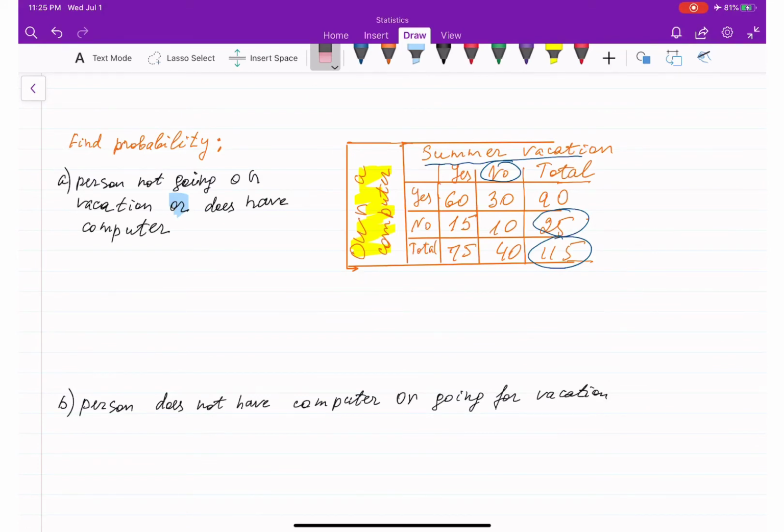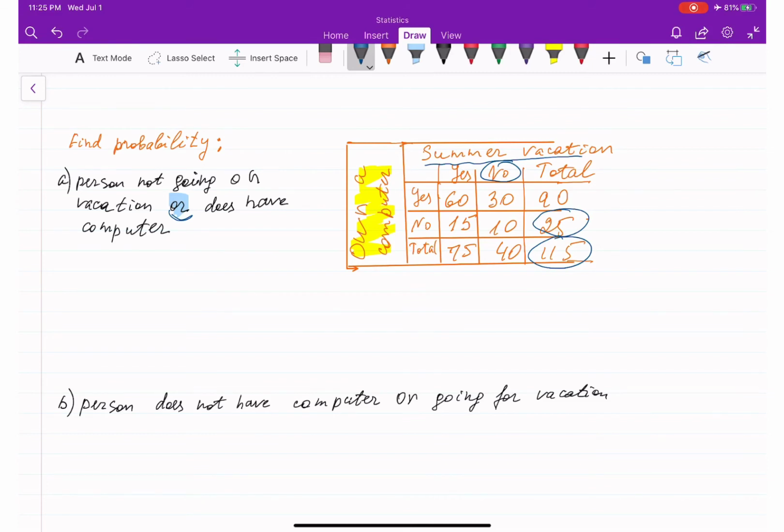So next problem, probability related, is to find the probability from this table. So what do we have in this table? We have the owner of the computer, yes or no, either own or not, and at the same time going to the summer vacation, yes or no. So the first question is to find the probability that a person is not going on vacation, or it's very important, which means it's going to be plus.